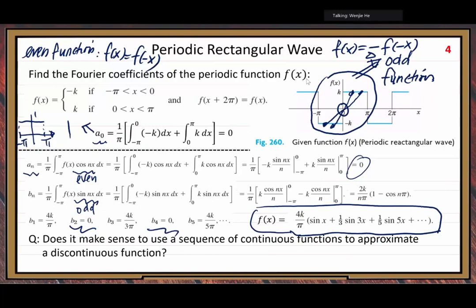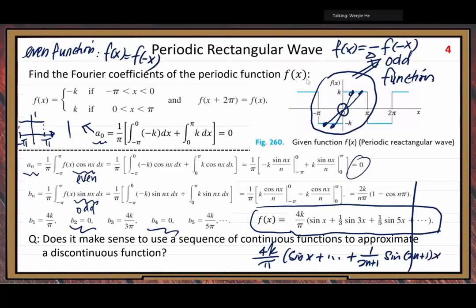It was because we consider the truncated version of this infinite series, the summation of finite terms, 4k over pi, sine x, and so on, say up to 2n plus 1, sine of 2n plus 1 times x.